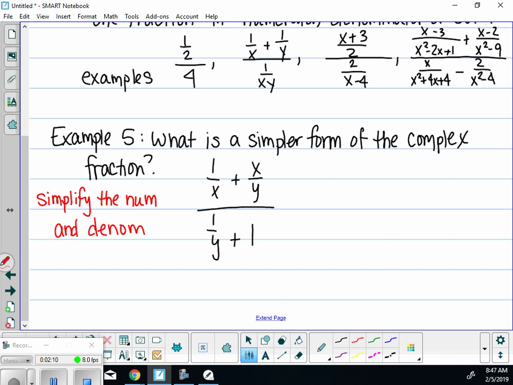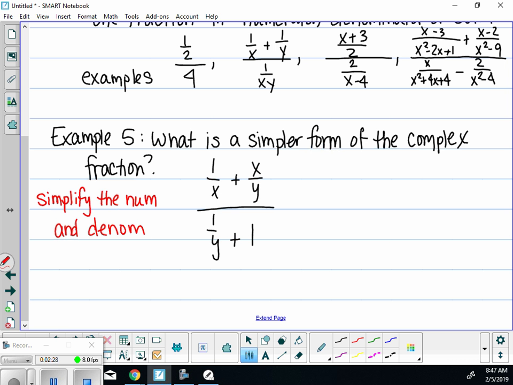And what we want to do is get the numerator as one single fraction, or even a single number if we can, and then get the denominator as one single fraction. So then we have just fraction divided by fraction, and then we can deal with that.